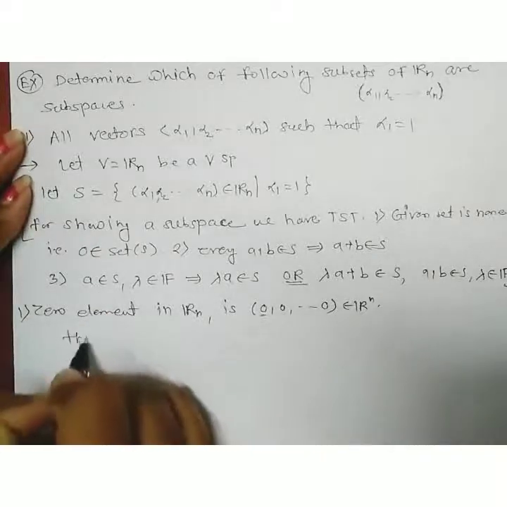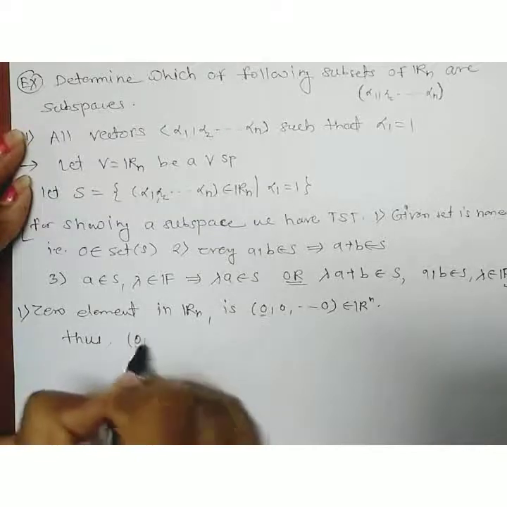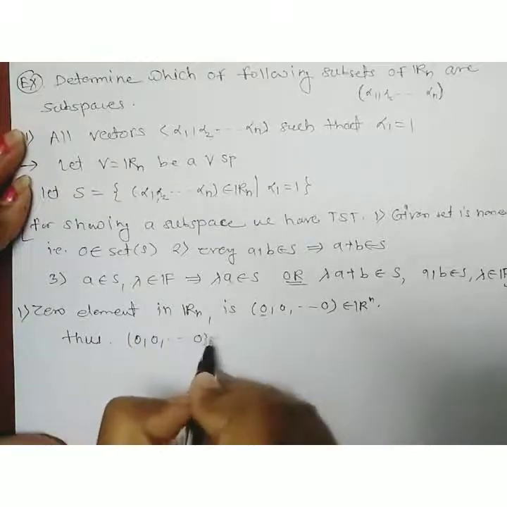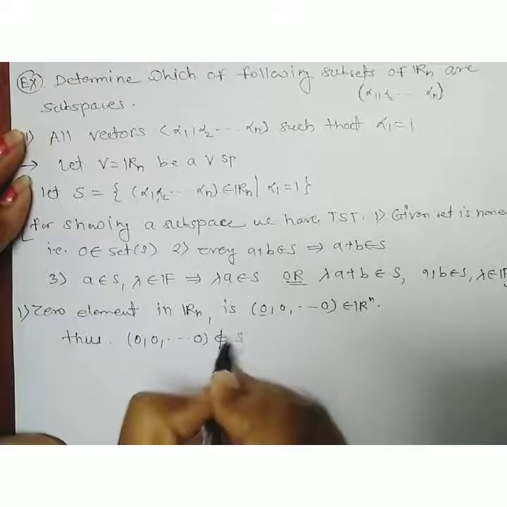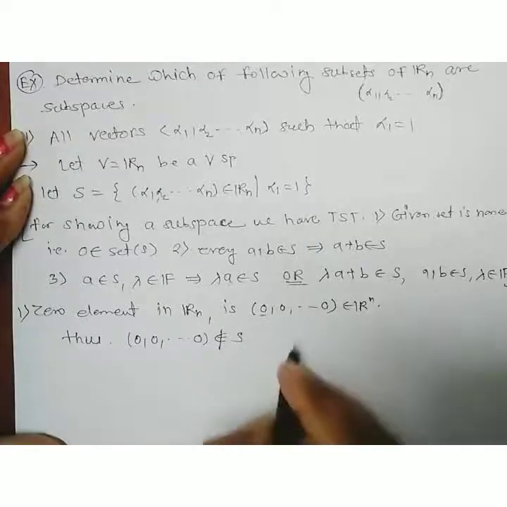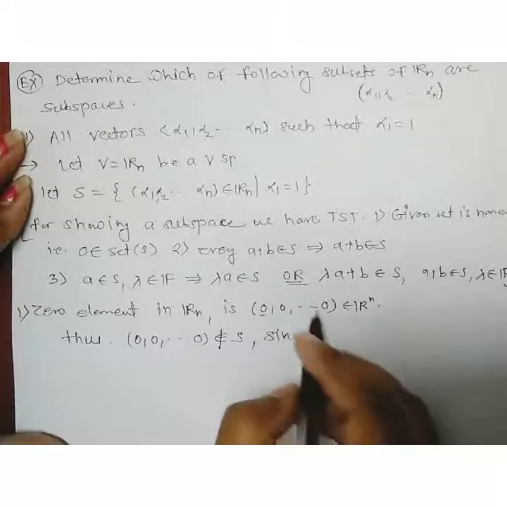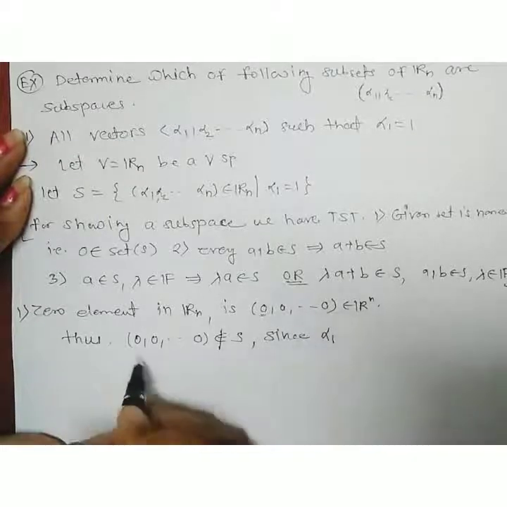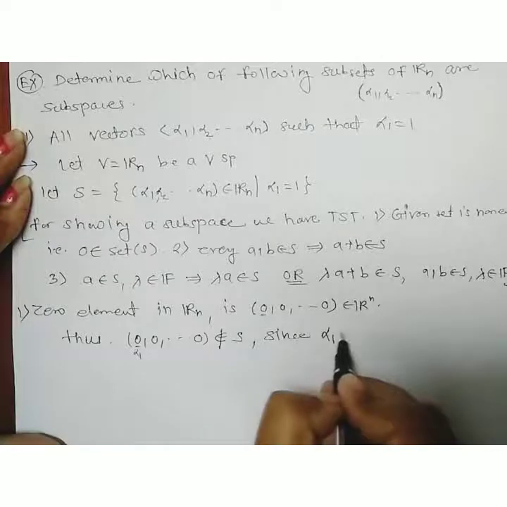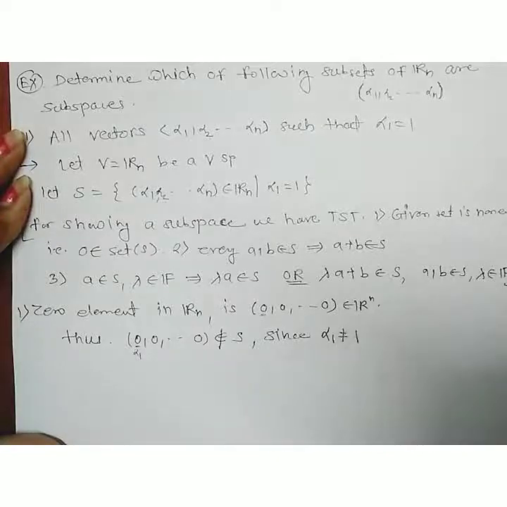Thus, the zero element 0, 0, ..., 0 does not belong to the given set. Why doesn't this condition hold? Since the first element alpha 1 is not equal to 1.